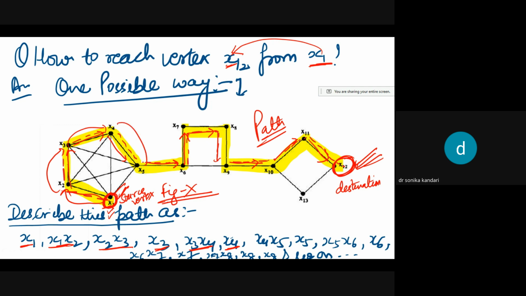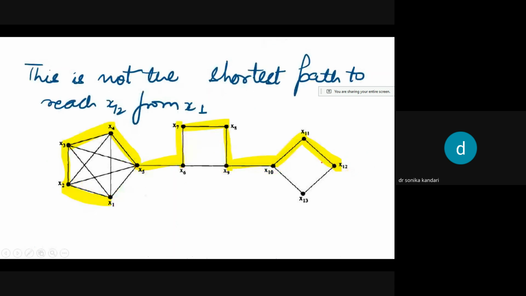From X4 to X5, now you are at X5. From X5 to X6, now you are at X6 and so on. Is it clear? I think the path is clear. Okay, this yellow color is one of the paths from vertex X1 to vertex X12.